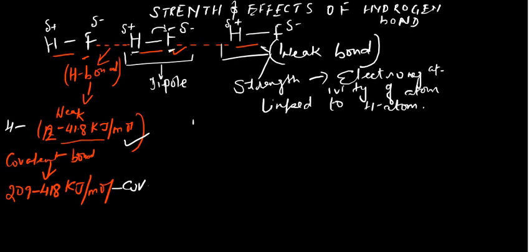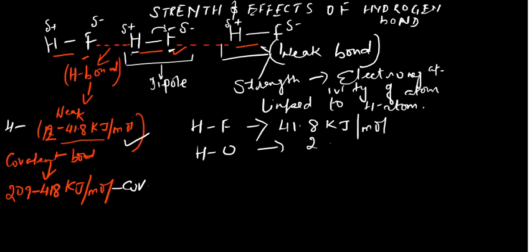For example, in case of hydrogen fluoride, the bond dissociation energy is 41.8 kilojoules per mole. Whereas for oxygen, the bond dissociation energy is 29.3 kilojoules per mole.